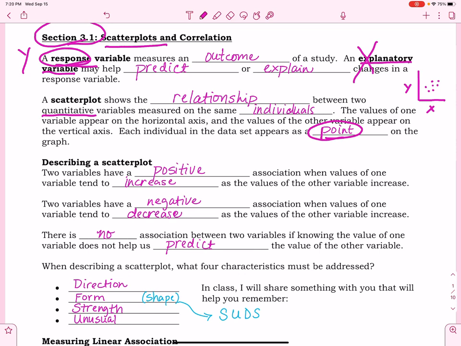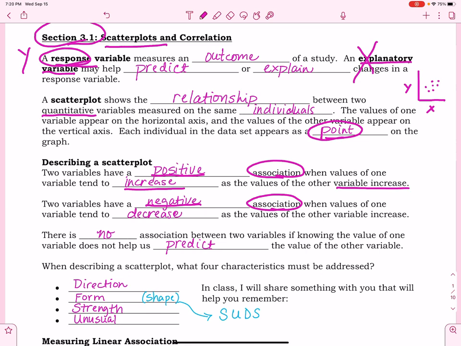So there are a couple of different kinds of relationships we can see. We've got positive associations and negative associations. And when I use the word association, relationship is a good synonym. So I'm going to say there's an association between these variables, or I'm going to say there's a relationship between these variables. So the relationship is positive when one of the variables increases as the other variable increases.